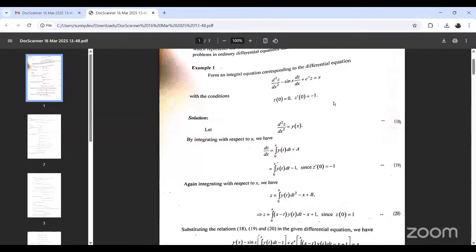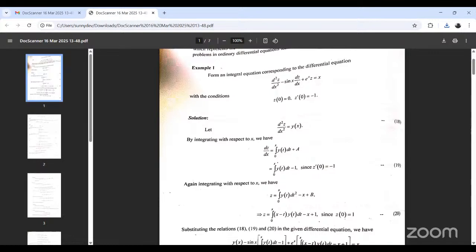Now we are going to discuss some formulas. So I will share the PDF. Yeah. So, forming an integral equation corresponding to the differential equation.